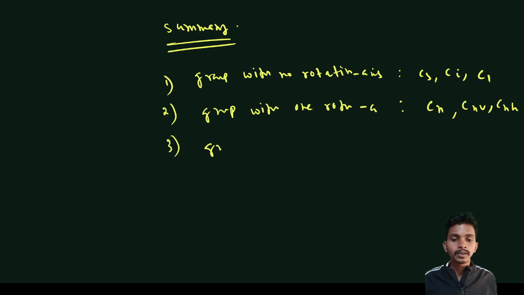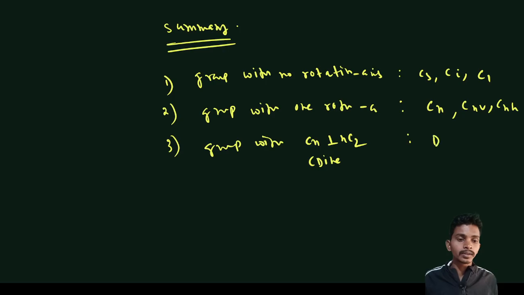And we have discussed groups with Cn and perpendicular C2 axes, or more than one rotational axis, that is the dihedral groups: Dn, Dnh and Dnd.